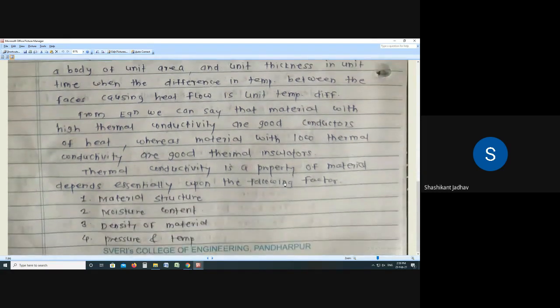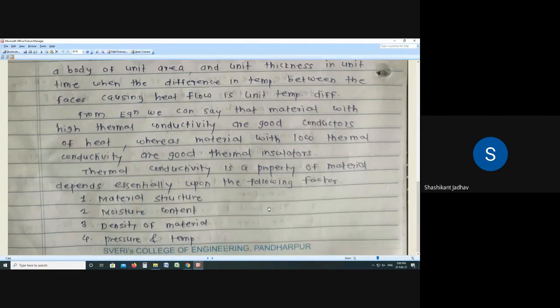Write down the next para. Thermal conductivity is a property of material and depends essentially upon the following factors.